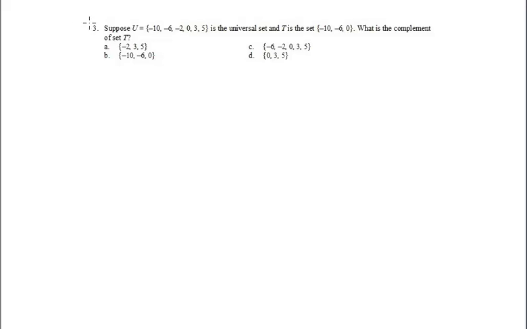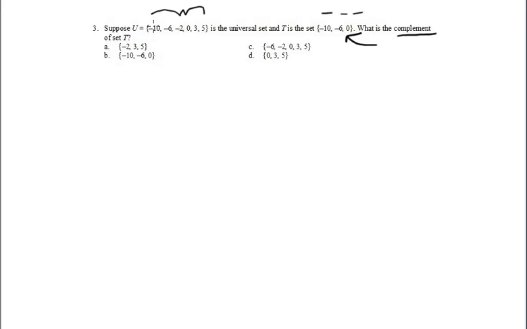Okay, number 3. It says, suppose U, which is the universal set, contains these elements here, and T is the set negative 10, negative 6, and 0. What is the complement of T? Hopefully from the notes and the videos you understood that the complement is what's in the universal set that's not already included in T. So we look at what's in T and take it out of the universal set, and that gives us our complement.